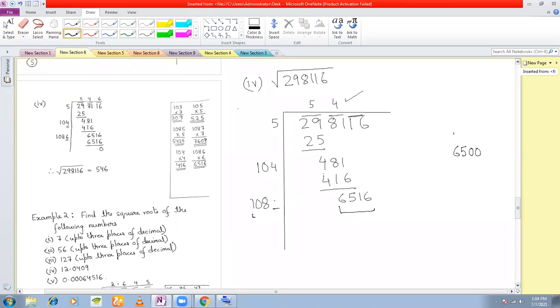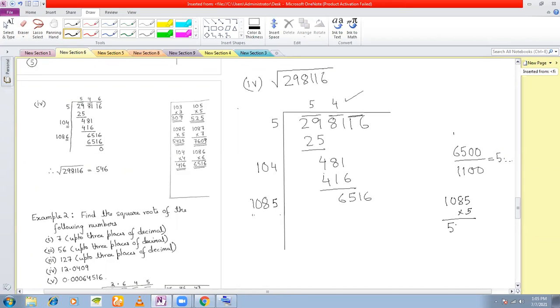And here, suppose if I put a 0 here, let's check. Then what number is it very close to? It is very close to 1100, isn't it? So we divide 6500 by 1100 just to get an idea. What is the quotient here that we are getting? We'll get 5 point something, isn't it? So let's try with 5. Let us put 5 here. That means 1085, I need to multiply by 5.